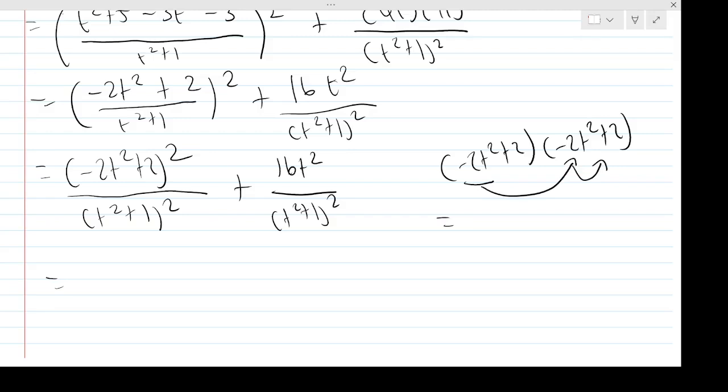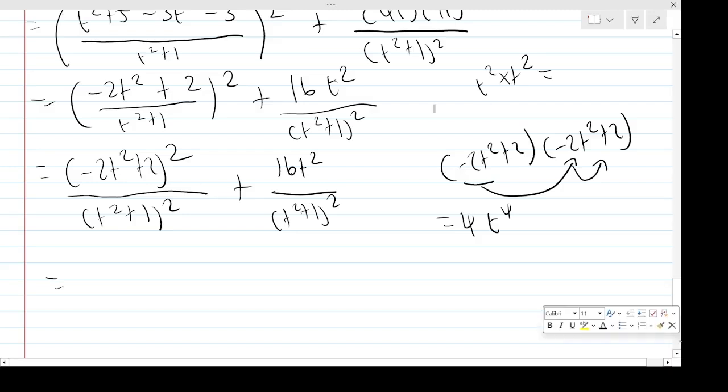Minus 2 times minus 2 is plus 4. t squared times t squared is t to the 4, okay? Because remember, t squared times t squared, we add the powers, right? Because we've got the same base, the t, we can add the powers together. So 2 plus 2 gives us t to the 4. That's where that comes from, okay?